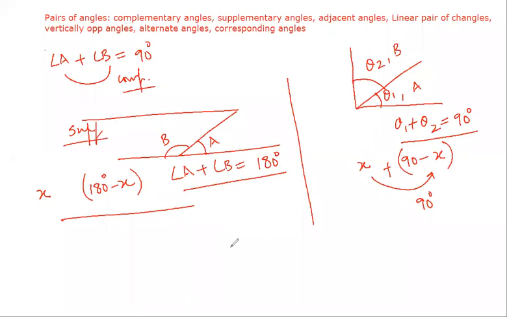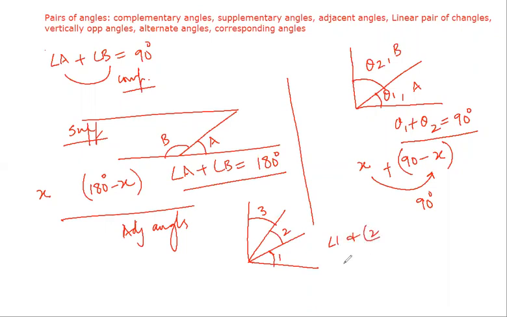Then comes adjacent angles. Students, what are adjacent angles? Let's say we have three angles: this angle is 1, this angle is 2, this angle is 3. The angles which are side by side, angle 1 and angle 2, and angle 2 and angle 3, these pairs are known as adjacent angles.